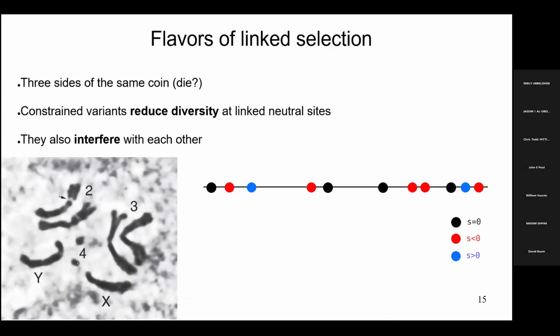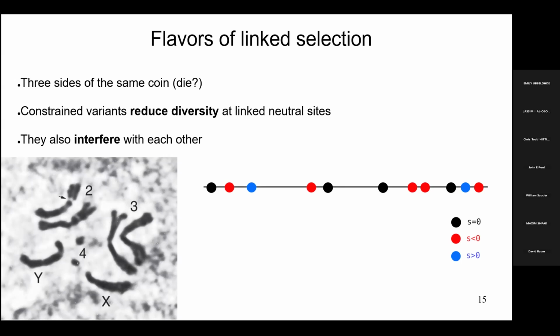So in the end, we have really three sides of the same coin, or the same die. We have constrained variants, and reduced diversity at linked neutral sites, and this is going to have two flavors as we saw, the negative selection part and the positive selection part. But the constrained variants also interfere with each other because they're in linkage and tend to be inherited together when they fall on the same chromosome.